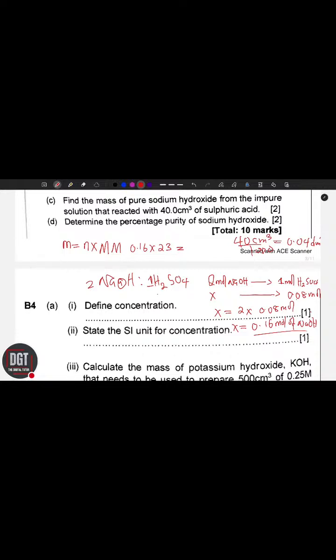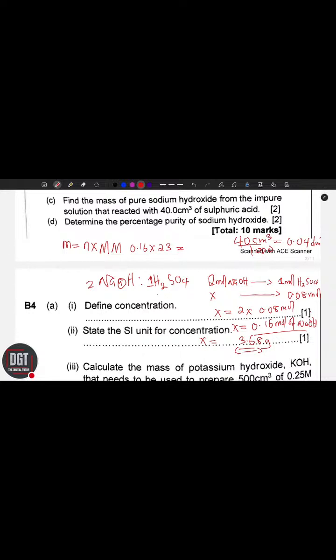I'm getting 3.68 grams as the mass of the pure sodium hydroxide.